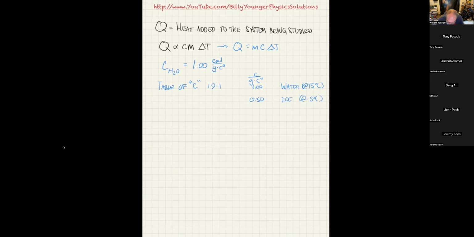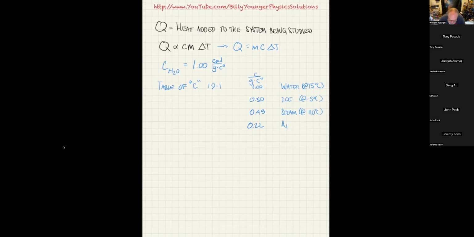And steam, again water, at 110 degrees Celsius, is 0.48. So you see that just changing state does make the specific heat change. But now let's look at things other than water. Let's look, for instance, at aluminum. For aluminum, it's 0.22.